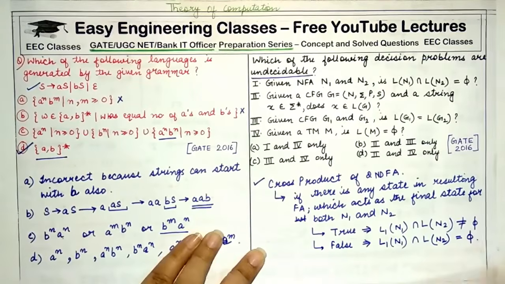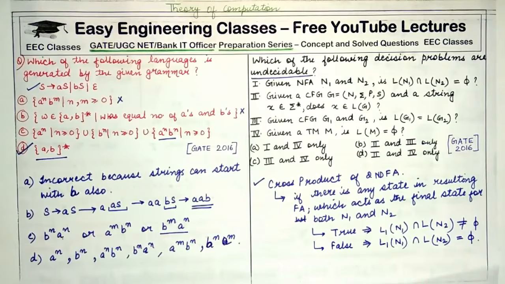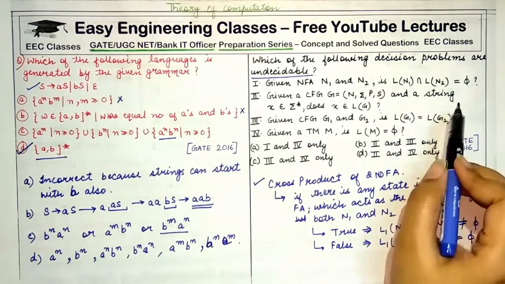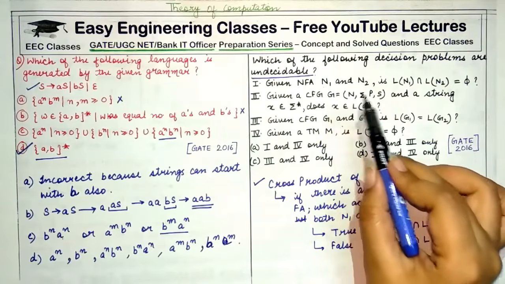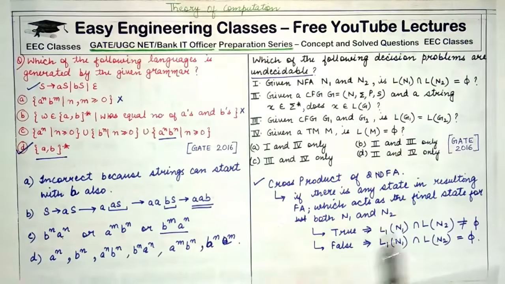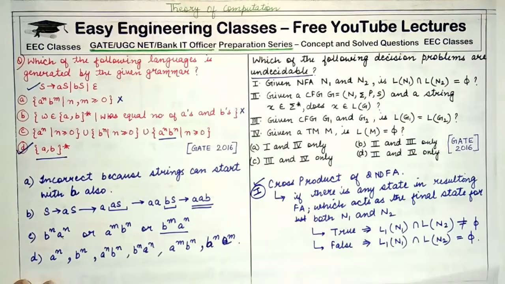Okay, now coming to the second statement, given a CFG and a string, does X belong to the language generated by the CFG? So basically it asks you about the membership problem, whether it is decidable or not.